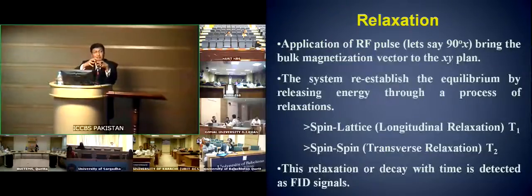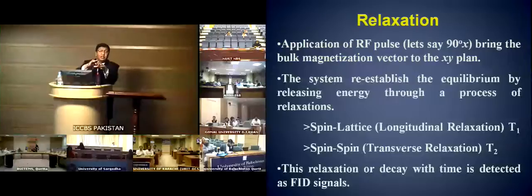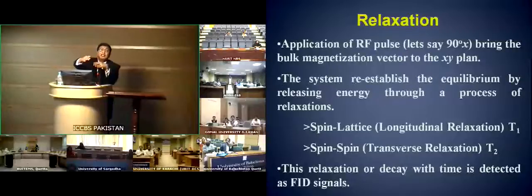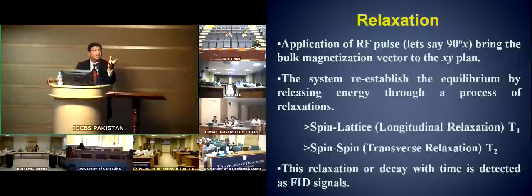These species are present around the molecule, not including the molecular entities themselves. Anything other than the molecular entities where this energy can be transferred is called spin lattice relaxation, T1, and this is the main way of losing energy and achieving thermal equilibrium.